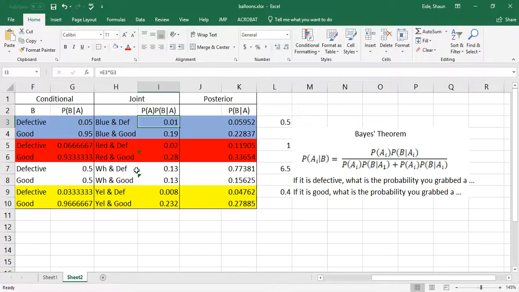But if you wanted to, you could add two of these together and divide by all four to say what is the probability of it being red or blue. You can use the rules of addition for that, and then divide it by all four.